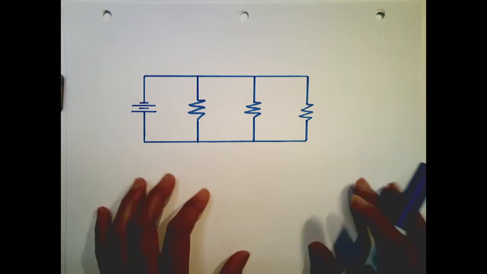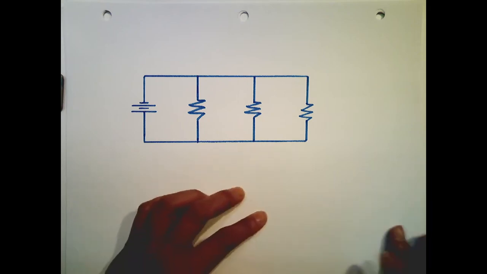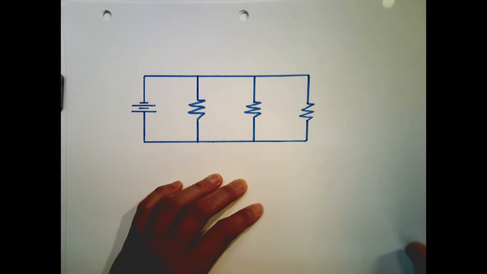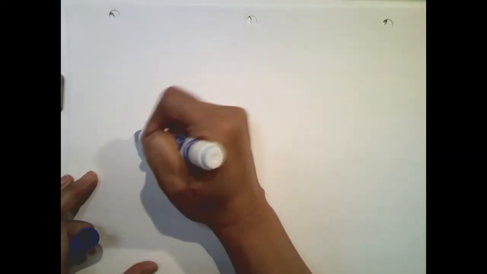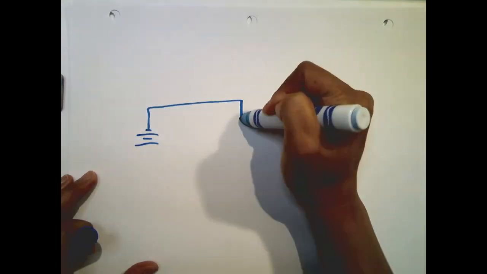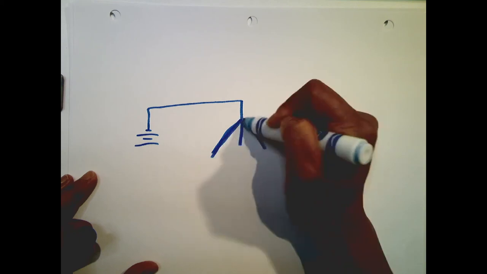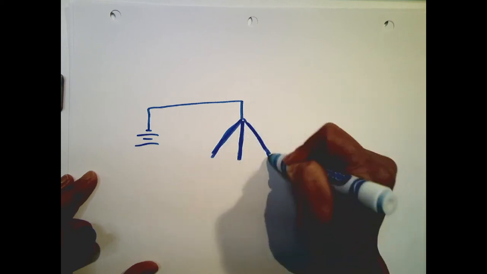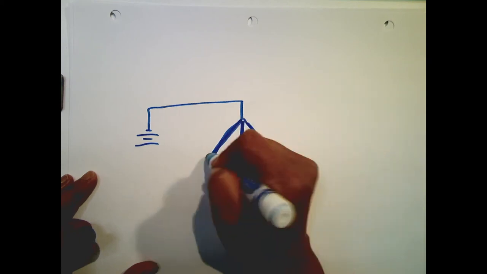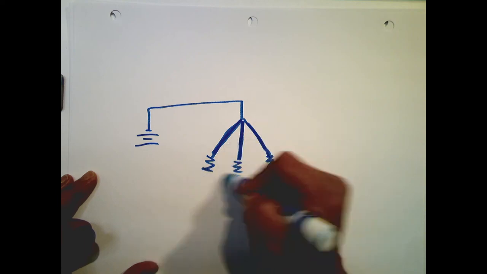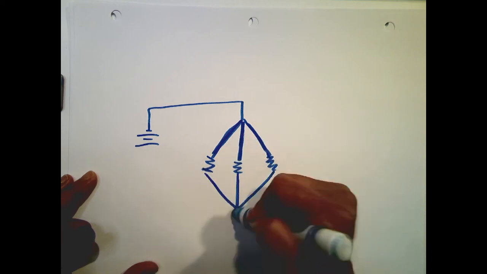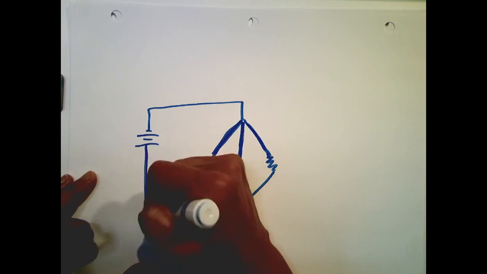Okay, you can also redraw this circuit to look like this. And I'll show you in another drawing that could look similar. You can draw it like this, for example. So it has 3 branches. And here's one resistor, the other resistor, like so, and then back to the battery.